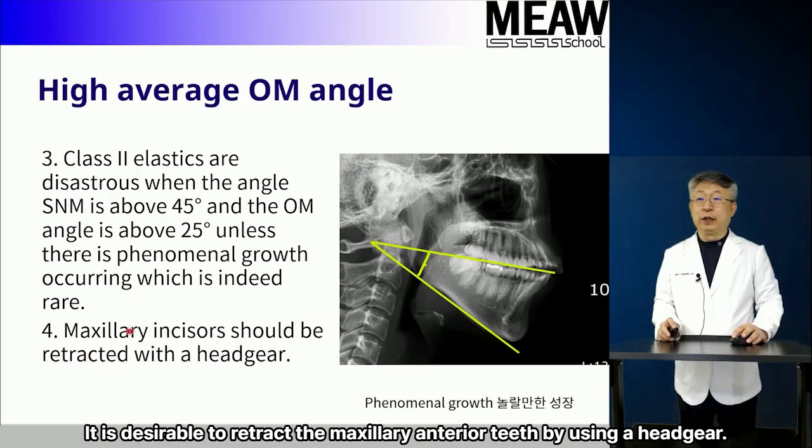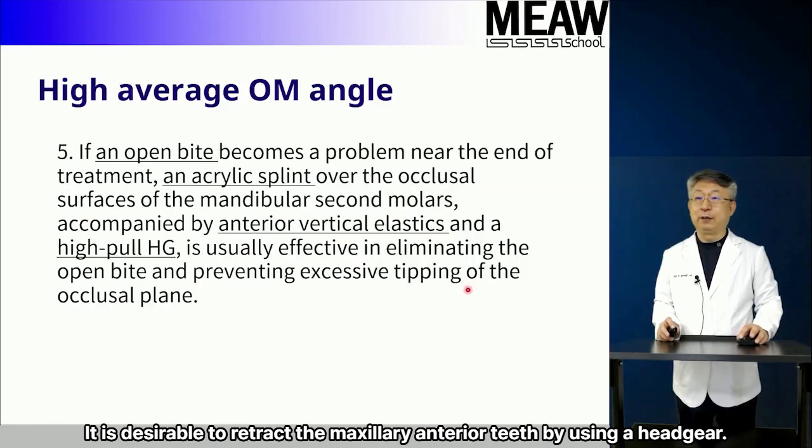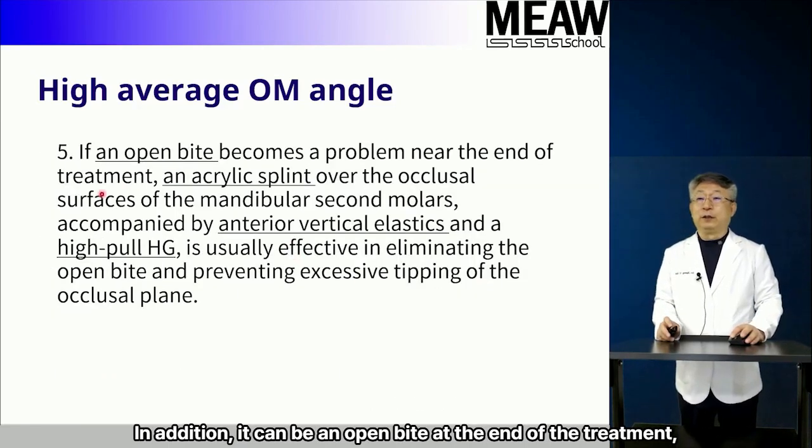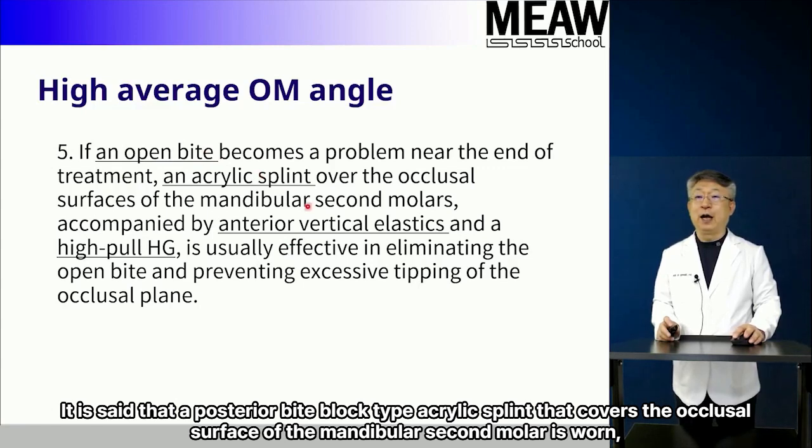It is desirable to retract the maxillary anterior teeth by using a headgear. In addition, it can be an open bite at the end of the treatment. It is said that a posterior bite block type, acrylic splint that covers the occlusal surface of the mandibular second molar is worn.